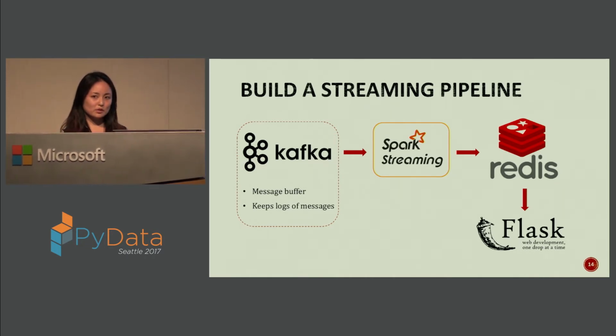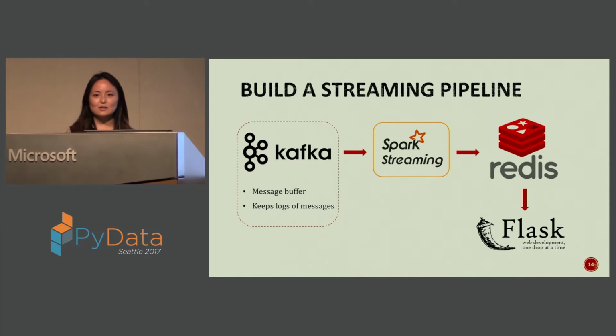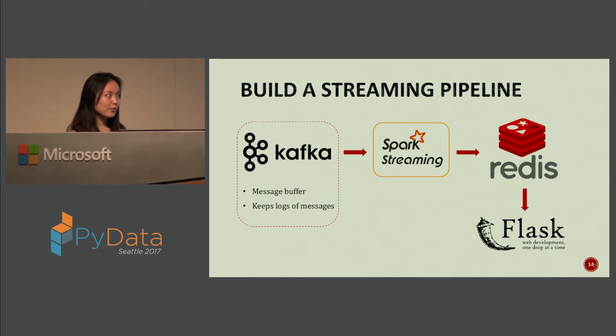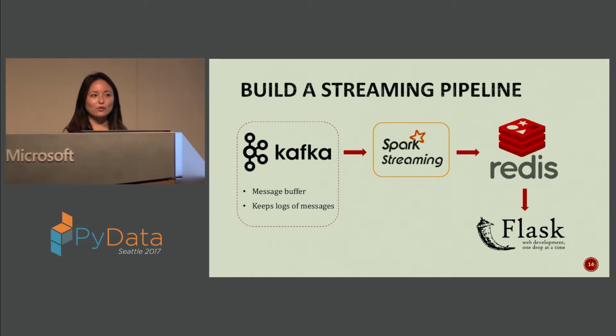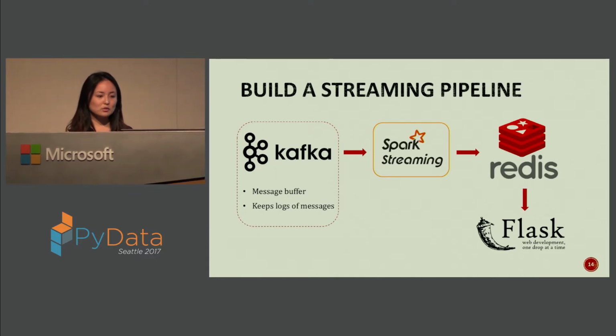In my demo, I used Spark Streaming, but it can be Storm or Flink, whatever you want to use. Then you save the output of your processor into a database. Here I use Redis, which is an in-memory database. Eventually you have your consumer, which can be another API or a front end that reads the results you produced from your database.